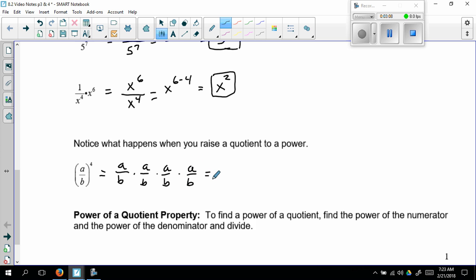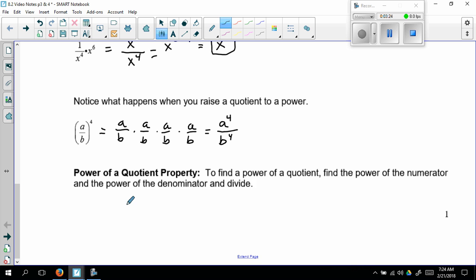Then using my product powers, I have the same base, they're all raised to the 1st power, so that's a to the 4th, and the same thing on the bottom, b to the 4th, and that is my answer. So that leads us to the next property: if we have a quotient raised to a power, it's the same thing as the numerator raised to that power over the denominator raised to that power.